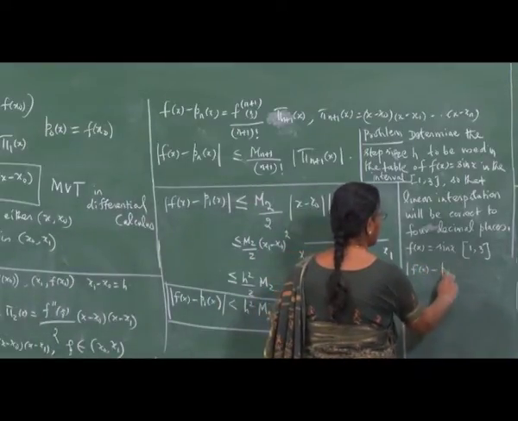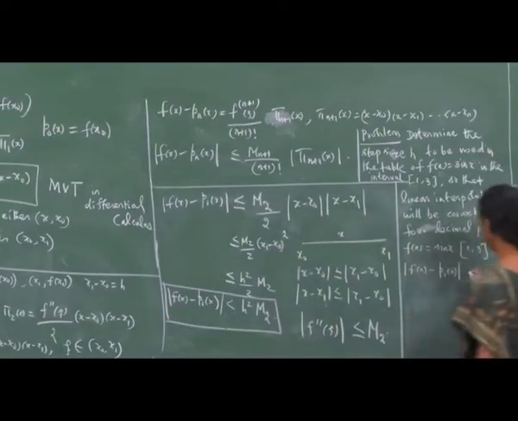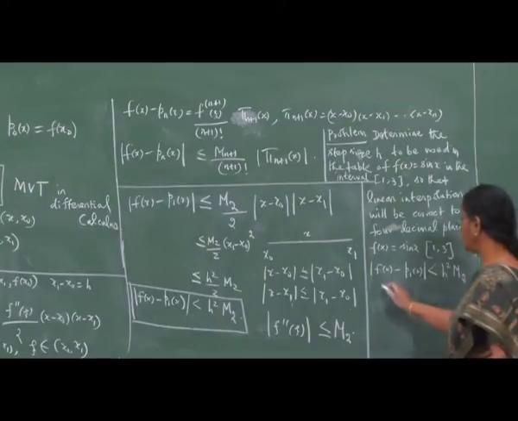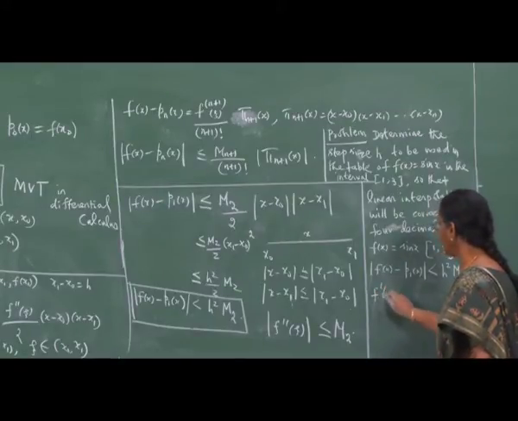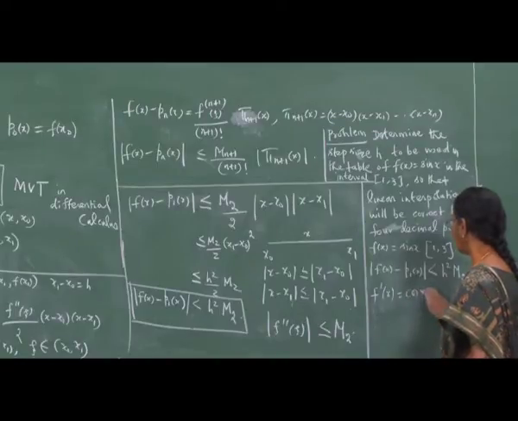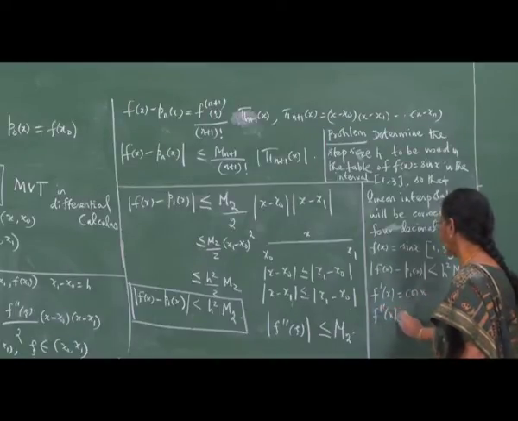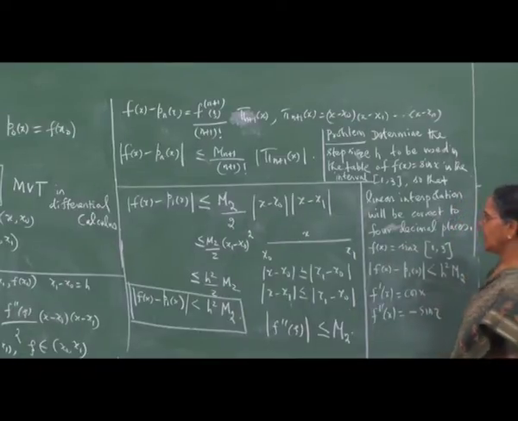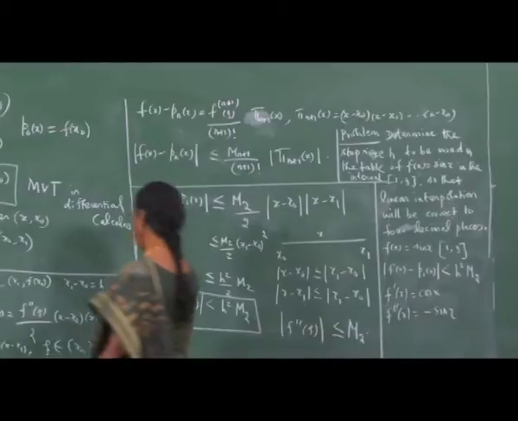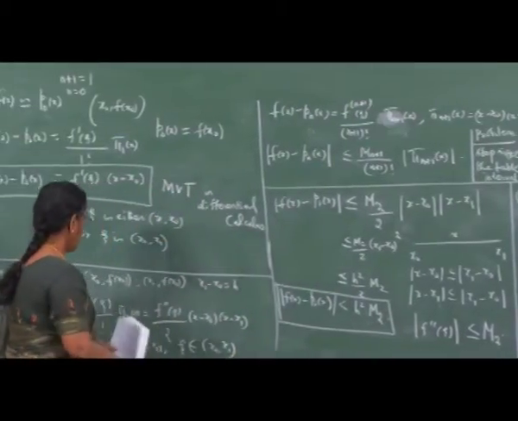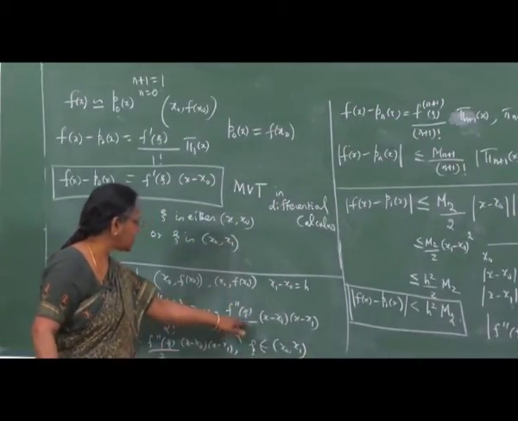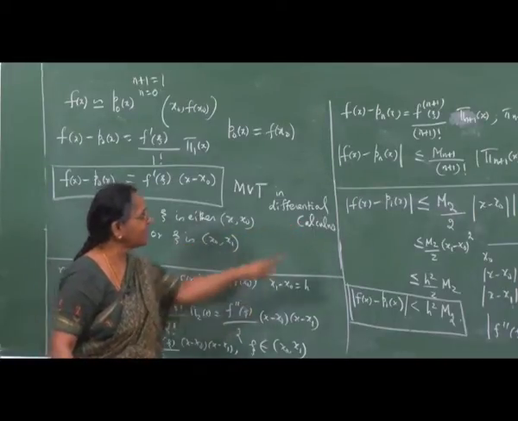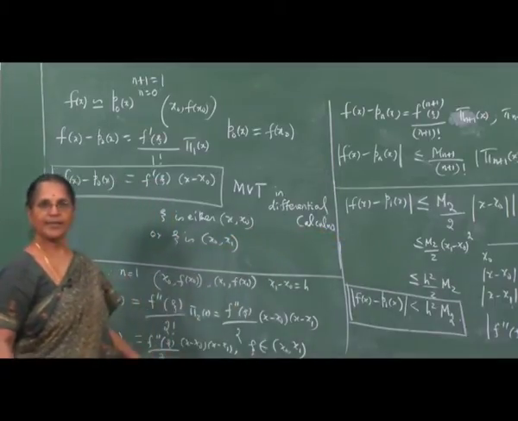So, f of x minus p1 of x is less than h square into m2. So, we compute f dashed of x, that is cos x, f double dashed of x, that is minus sin x. And what is m2? m2 is such that modulus of f double dashed of psi is less than or equal to m2 for psi in the interval 1 to 3.